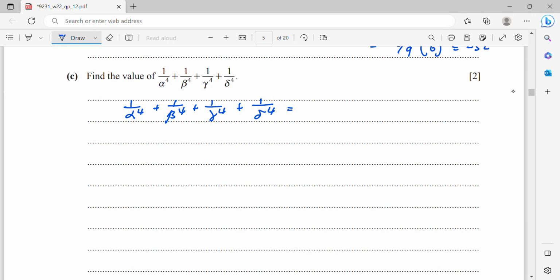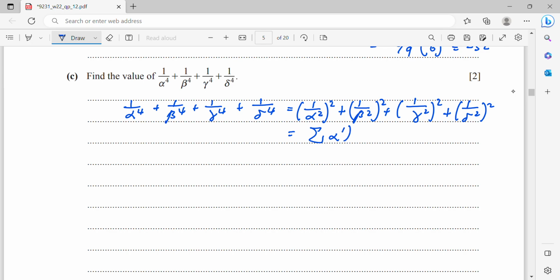This is the same as 1 over alpha squared, squared, plus 1 over beta squared, squared, plus 1 over gamma squared, squared, plus 1 over delta squared, squared, which is summation of alpha prime squared, because my alpha prime is 1 over alpha squared, beta squared, gamma squared, and delta squared.